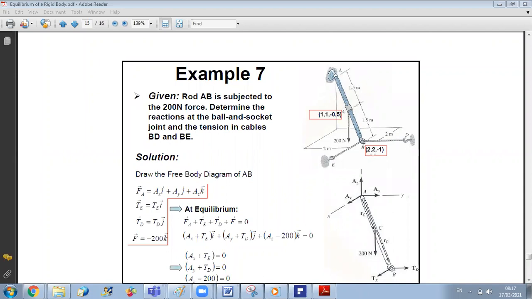Now, if I consider that my origin is A, like you can see here in the figure, then the coordinates of A will be 0, 0, 0.